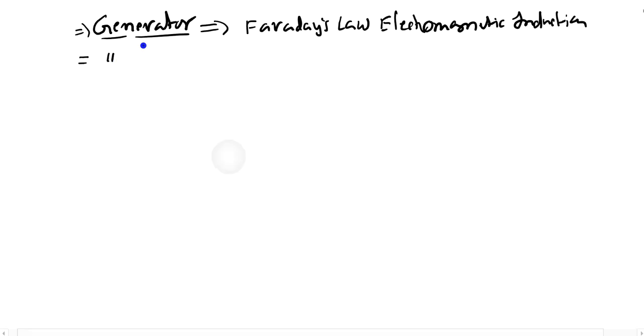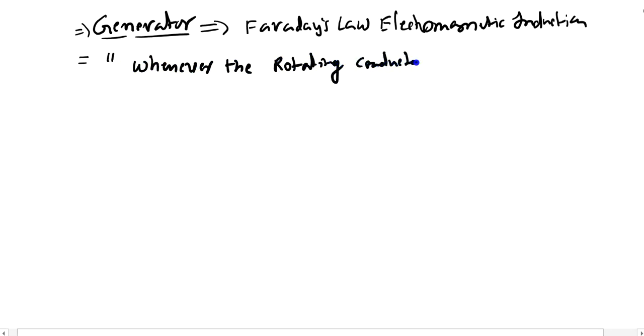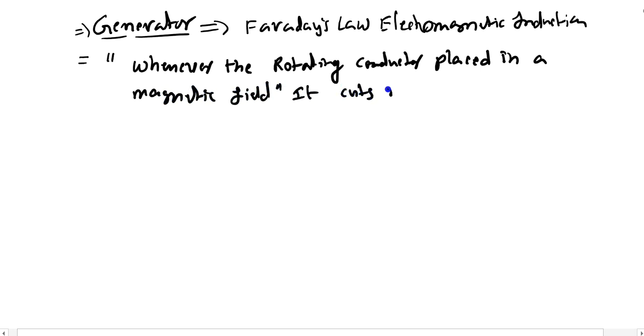So whenever a rotating conductor is placed in a magnetic field, it cuts the magnetic field, it cuts the magnetic flux, and EMF is induced in it.